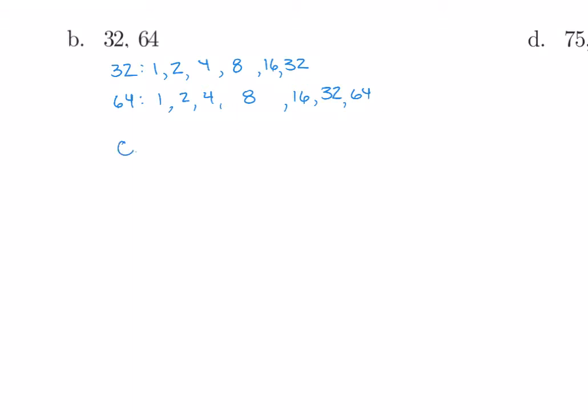Our common factors, we have 1, 2, 4, 8, 16, and 32. And our greatest common factor, the largest of the common factors, is 32.